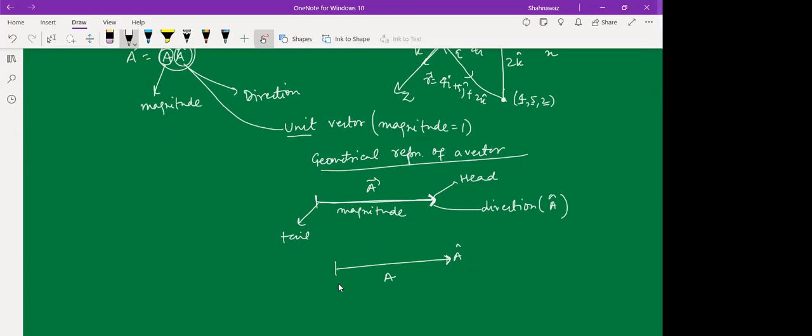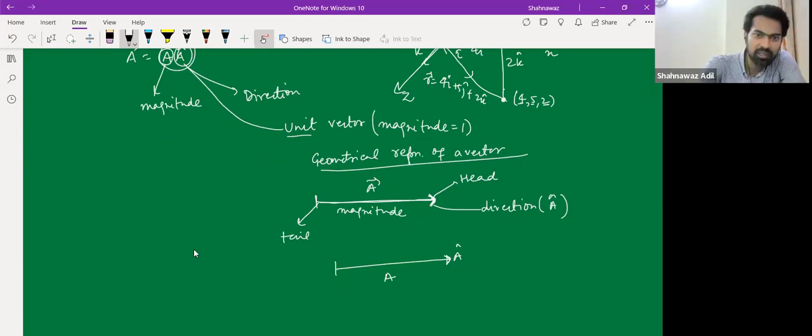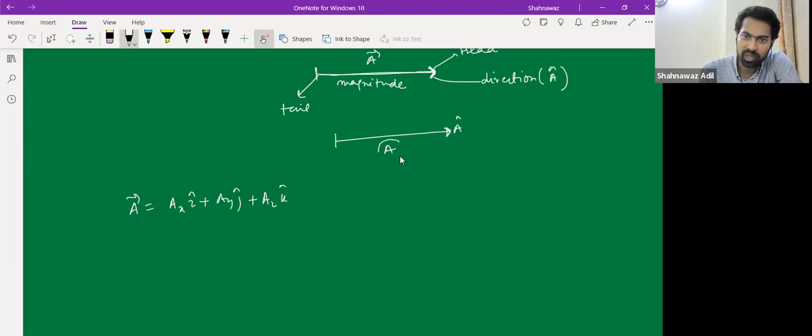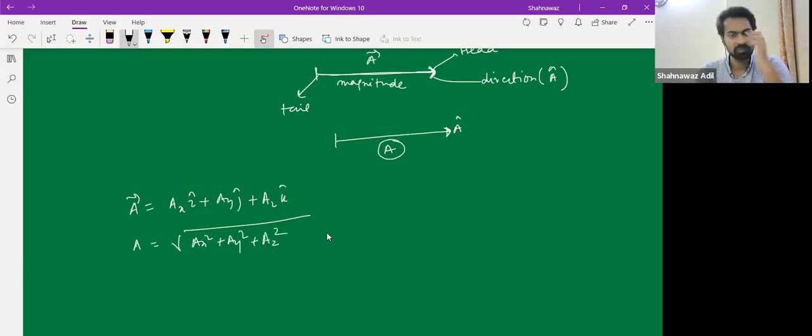Yes, sir. So we can write A as AX i, AY j, and AZ k. But we want to calculate the magnitude of this vector, right? So the magnitude is defined as root of AX square plus AY square plus AZ square.